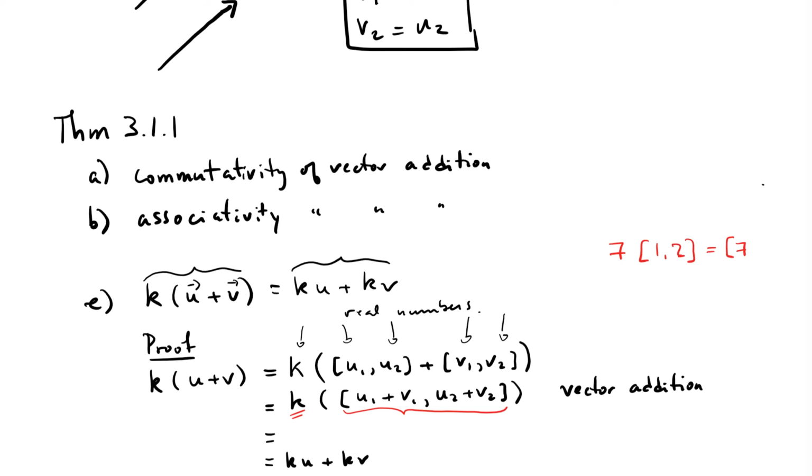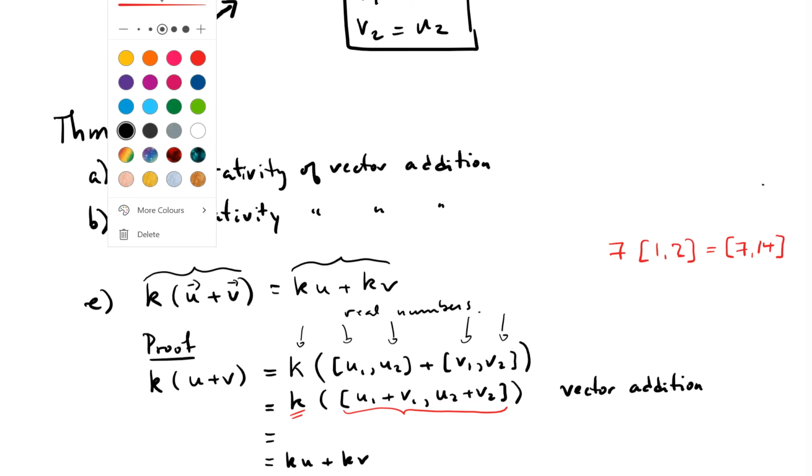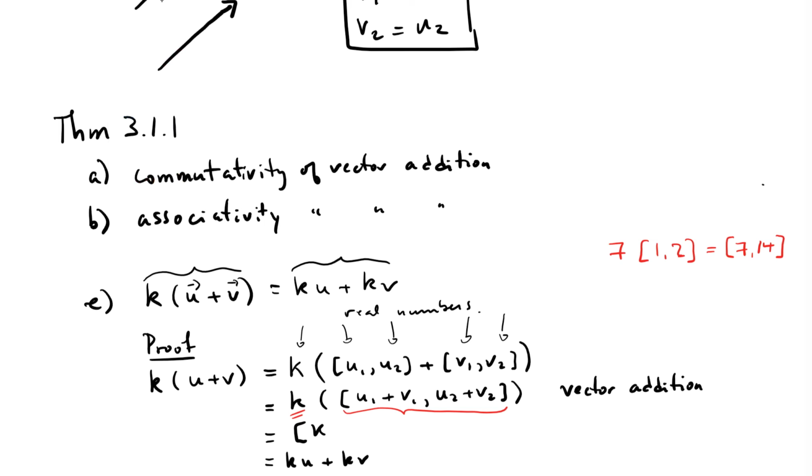So all we need to do is multiply 7 by each of the components of the vector. So this is what I'm going to do now in my proof. I'm going to multiply k by the components of the vector, like this. Okay, so this is scalar multiplication I have used here.